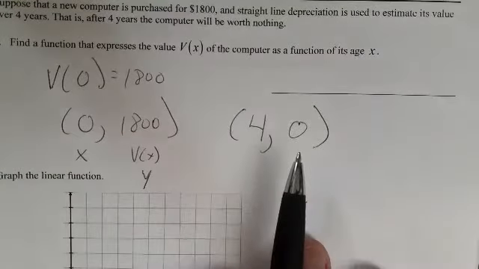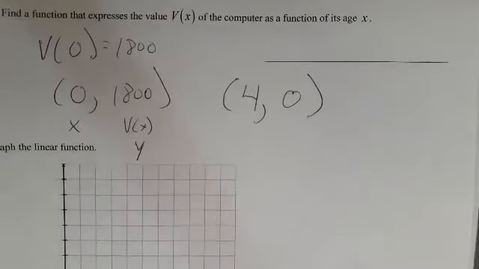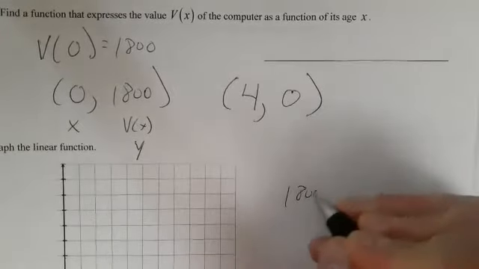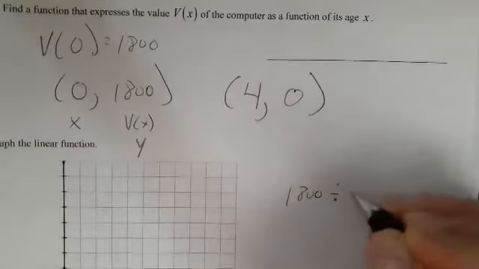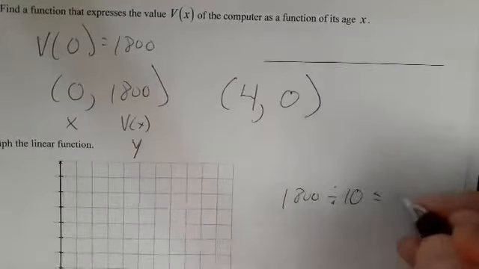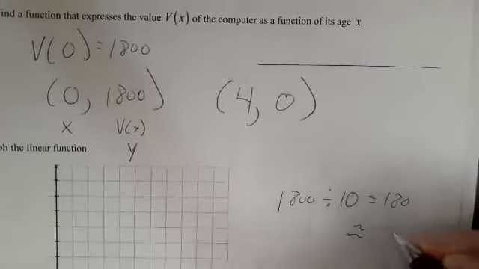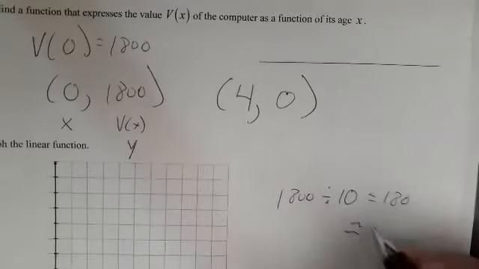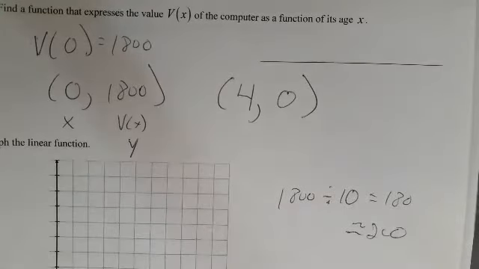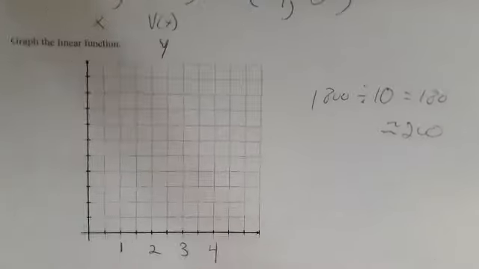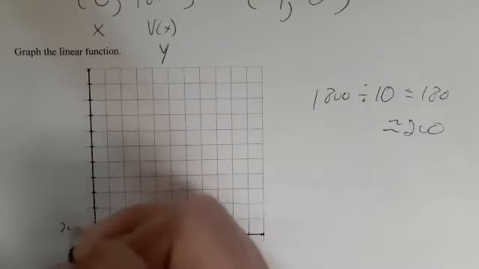And in the y, I'm going from 1800 to 0. There's about 10 tick marks, so if I divide 1800 by 10, that's about 180. I don't want to count by 180s. I probably want to count by 200s, just to be safe, because it's easier. So every 200.